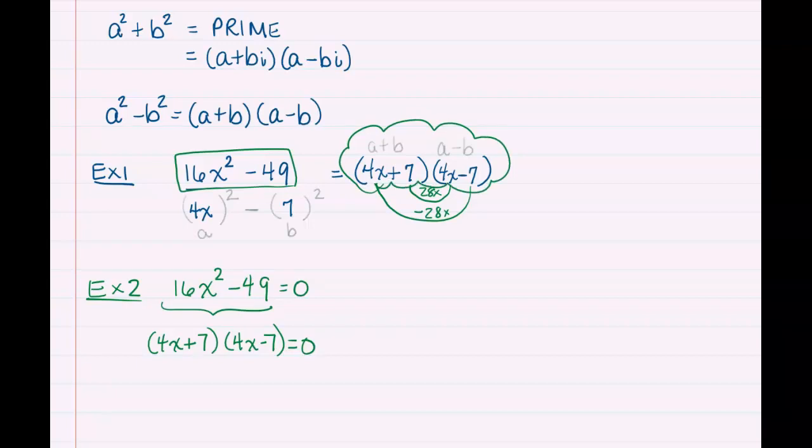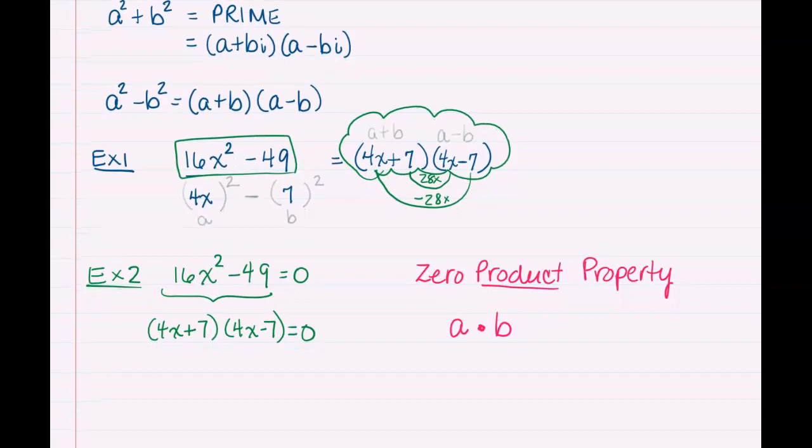Now that it's equal to 0, we're going to talk about the zero product property. The zero product property states this. It says that if you have a product, that means you're multiplying two things. We'll call that A times B, or whatever two letters you want to use. If we multiply them, the answer is what we call the product.